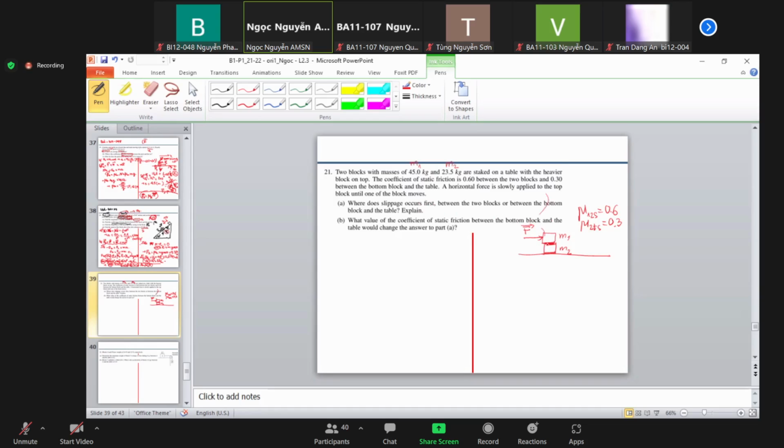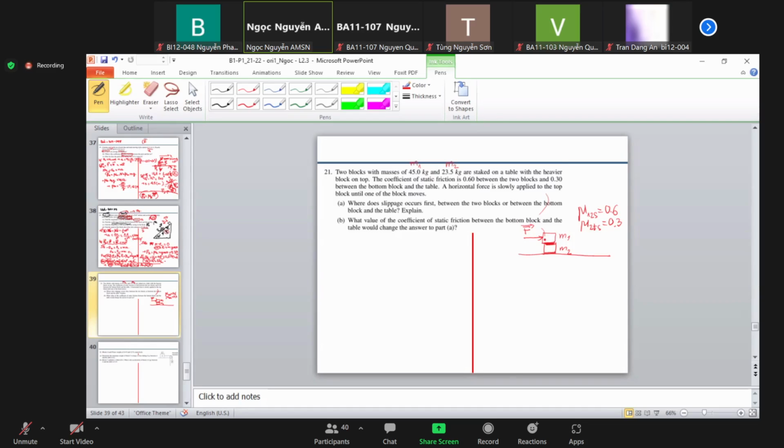Between the two blocks or between M2 and the table? And you have to explain why. So you have M1 here, M2 here. They give you the static friction between M1 and M2, and the static friction between M2 and the table. And we act a force in this direction on M1.